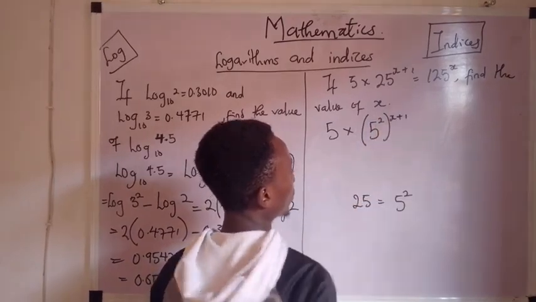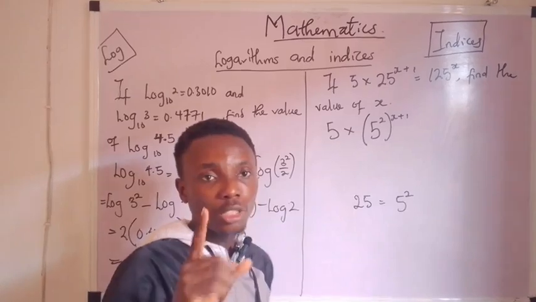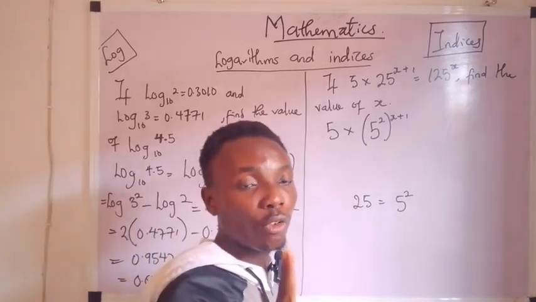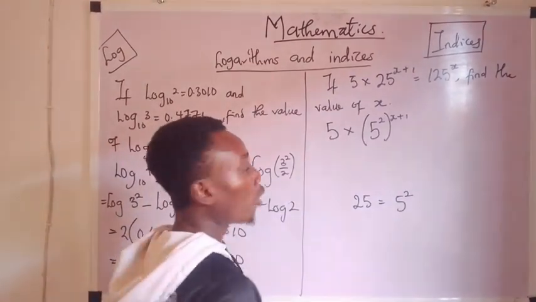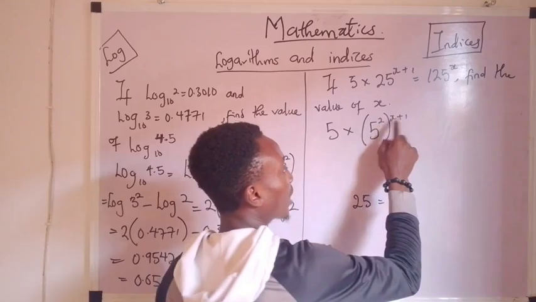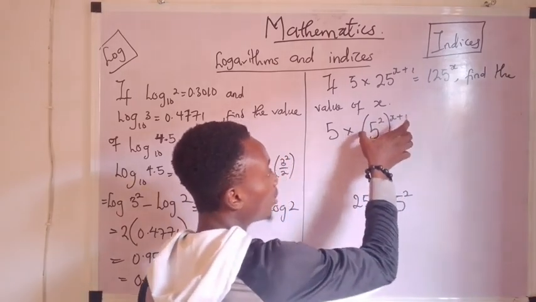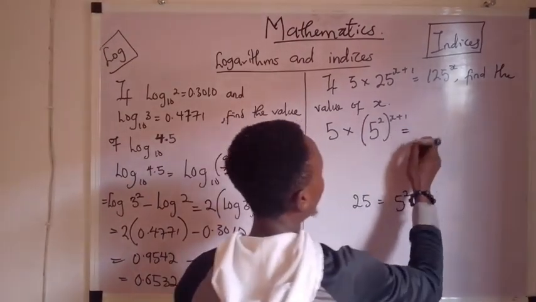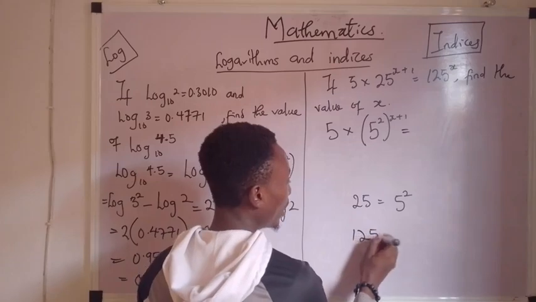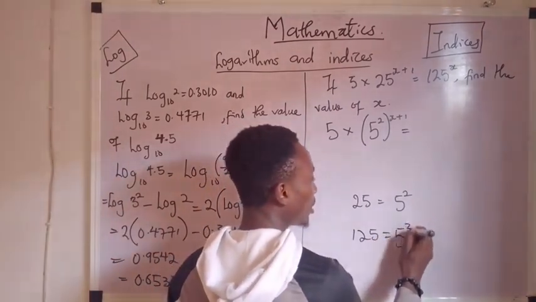Now, like I told you before, that chart that you have copied, those laws that you have copied down will come in handy now. If you remember, there's a law that connects both of them like this. When you remove this bracket, you multiply this by this. And 125 is actually equal to 5 raised to power 3.